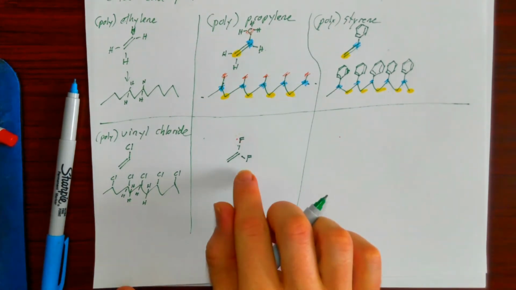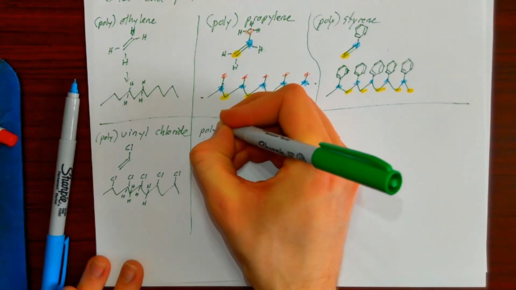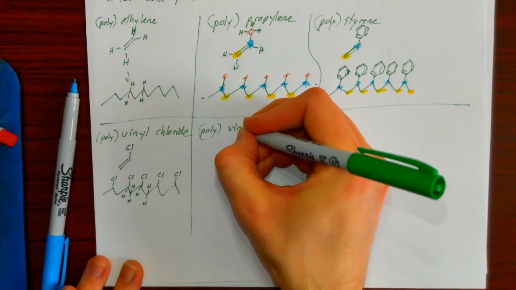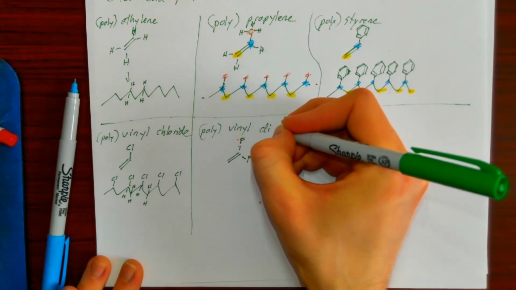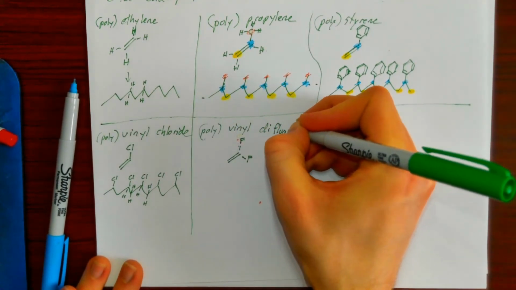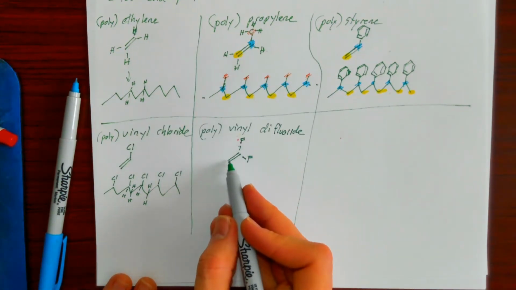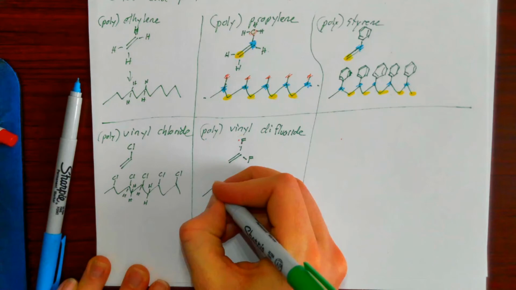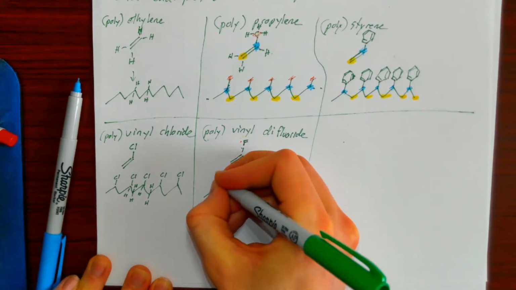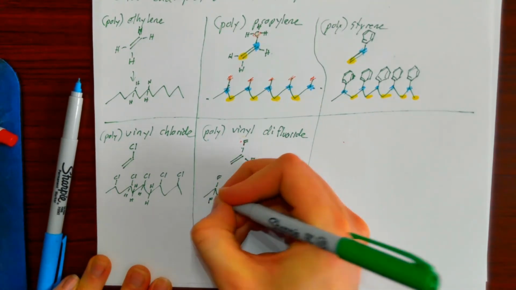All right, so when it's polymerized, this one is poly, vinyl difluoride. So half the carbons have 2 fluorines and half the carbons just have 2 hydrogens. So it looks like this. Half the carbons have 2 fluorines.